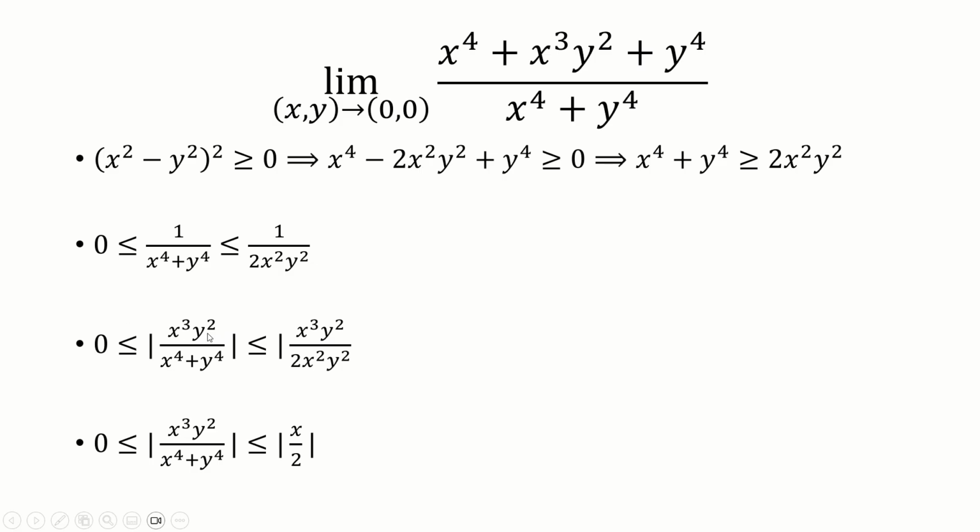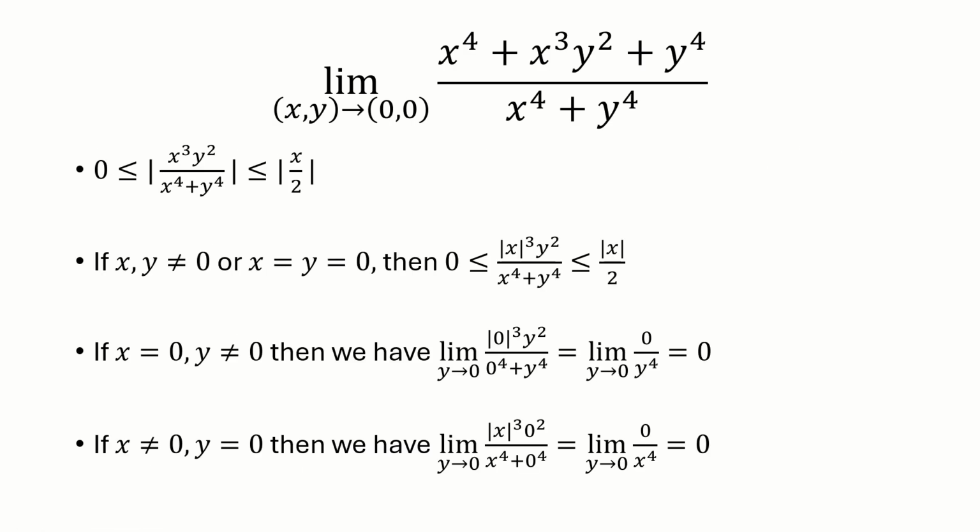So the absolute value of x^3 y^2 over x^4 + y^4 is going to be less than or equal to x^3 y^2 over 2x^2 y^2. Now, the lower bound still remains 0, and we're still going to leave the middle term alone. But the nice thing about the right side is x^3 over x^2 turns into x, the y^2 cancel, and the 2 is still there. So what we're left with, absolute value of x over 2, is our upper bound.